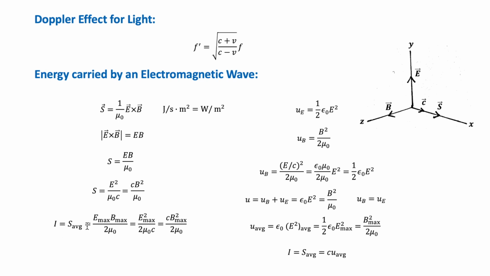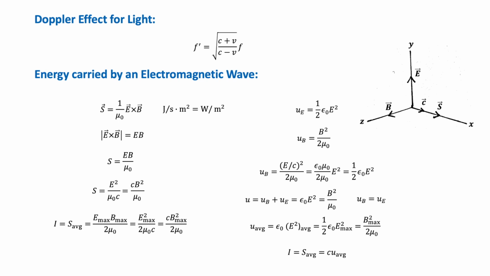When we take this average, we obtain an expression containing the time average of cosine squared (kx minus omega t), and the average of that is half. And so we get this expression for the intensity, which is E max squared over 2 mu naught c, and also equal to c B max squared over 2 mu naught.